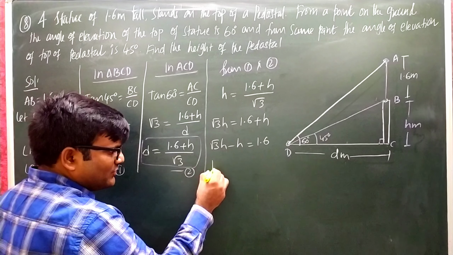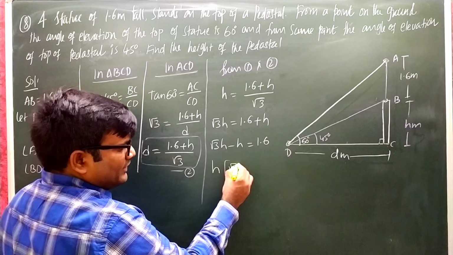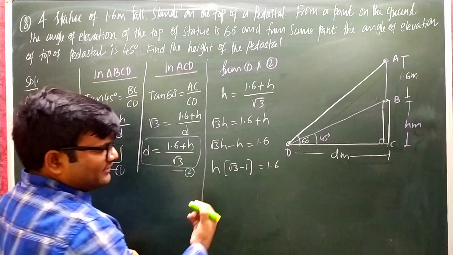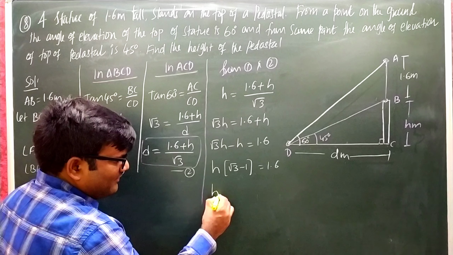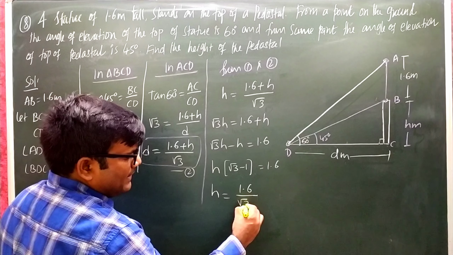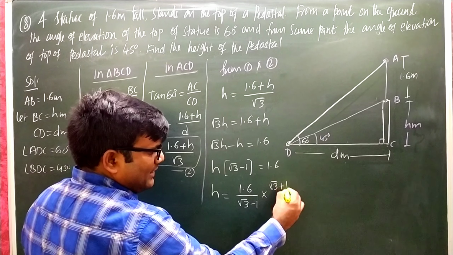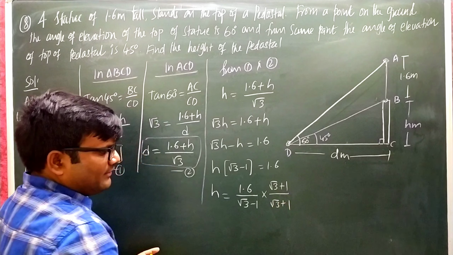So we need to find h value. So take h common: h into root 3 minus 1 is equal to 1.6. Now root 3 minus 1 transpose to right side, we will get h is equal to 1.6 by root 3 minus 1. So rationalize, multiply root 3 plus 1 by root 3 plus 1.